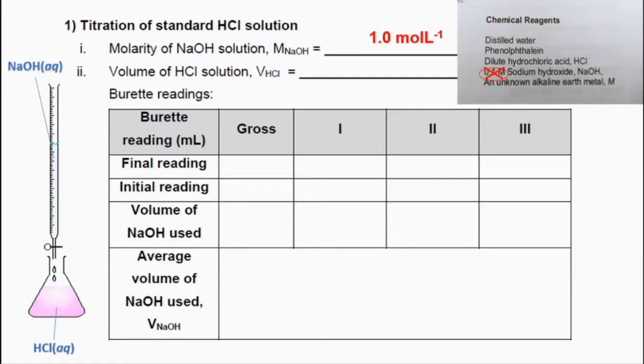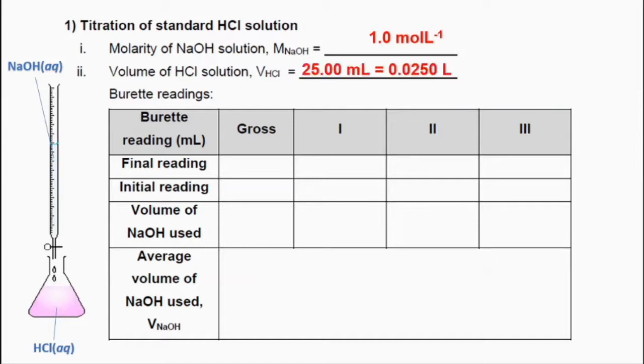Next is the volume of hydrochloric acid solution used in this titration. Since you pipetted 25 ml, the volume of HCl solution used was 25 milliliters or 0.025 liters.